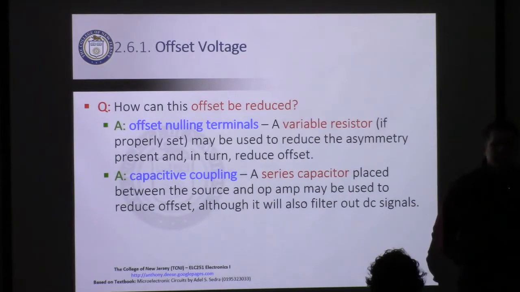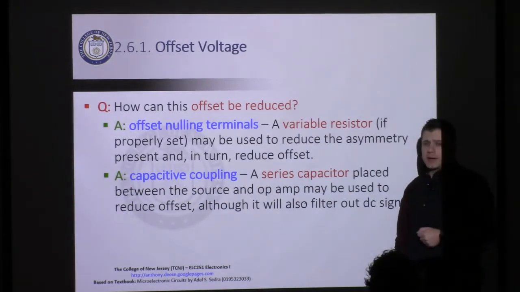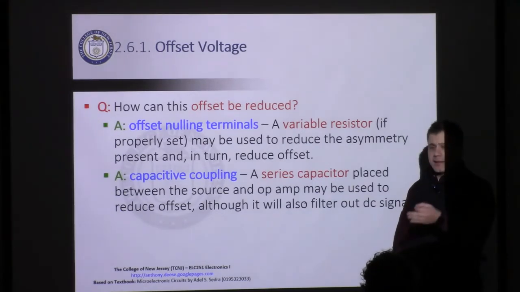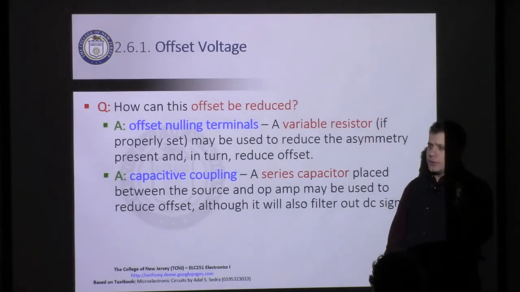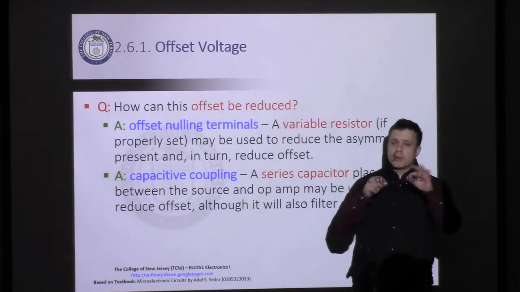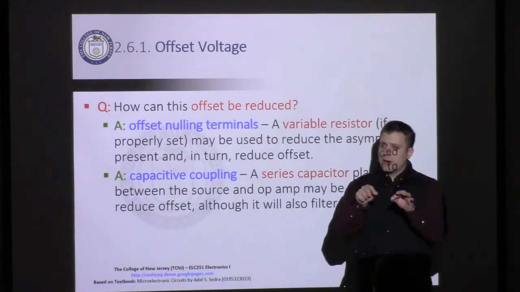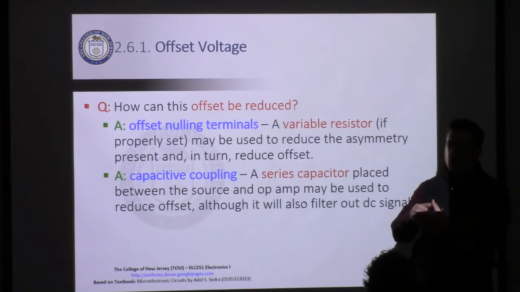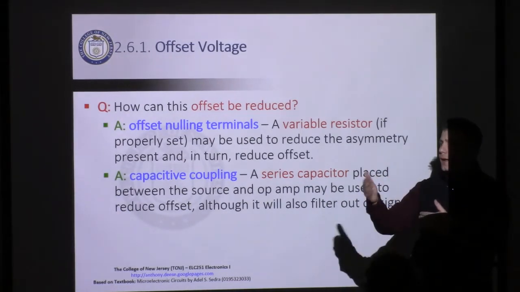The question one may ask is, why don't they just do that in the factory before they give it to you? It needs to be individually calibrated and tuned to the device. Let's say you have a design with 20 amplifiers. You're going to have to pull each one out, short the terminals together, put your variable resistor between the offset nulling terminals, and play with it until you get a 0 output, and then put it back in the design, and so on.